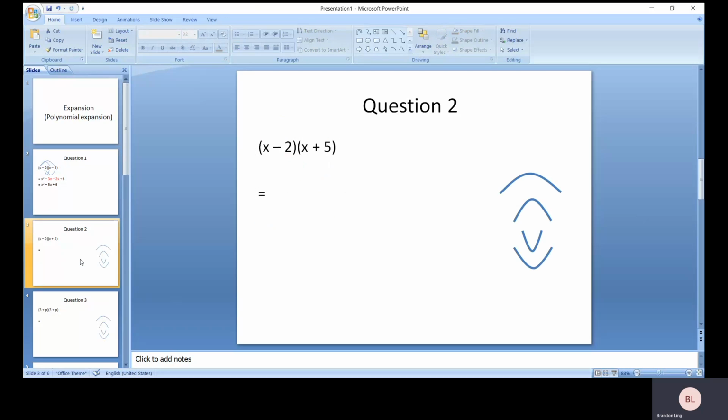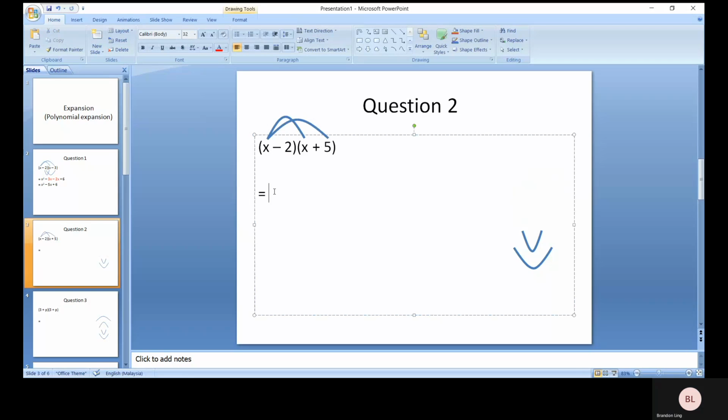Now we move on to question 2. First, you need to multiply x with this x and followed by x with this 5 here. So therefore you are getting x squared, x times 5, you get 5x.